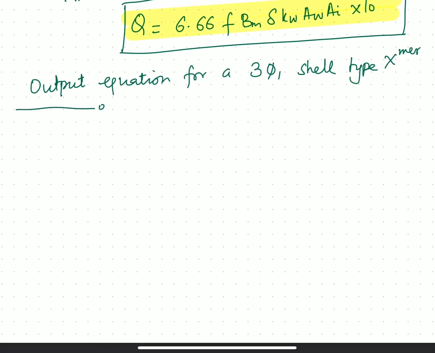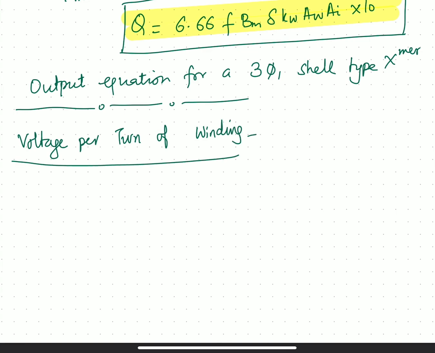Now that we have derived the output equations for all the cases of the transformers, we talk about the voltage per turn of the winding. Q in kVA is written as V into I into 10 to the power minus 3, right?